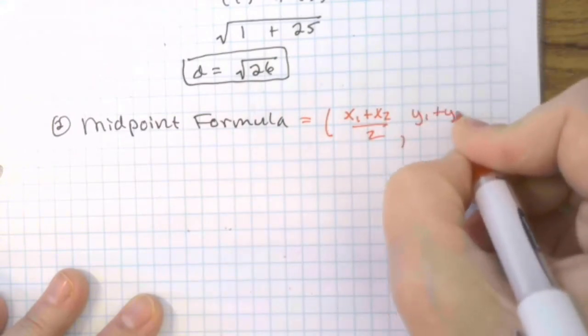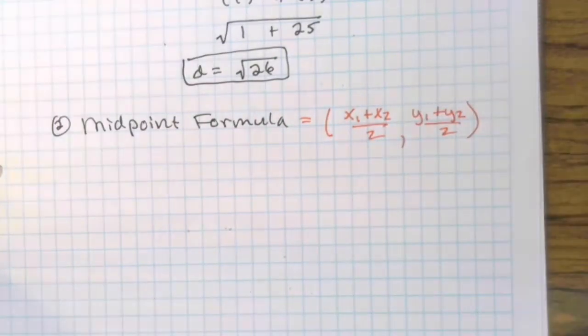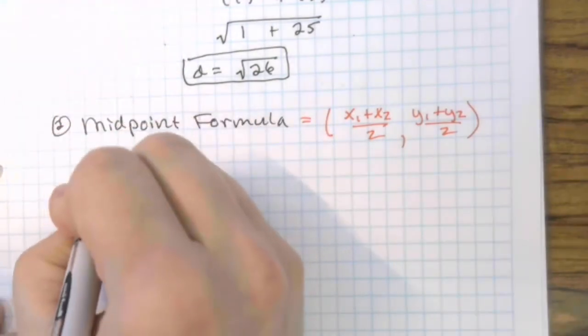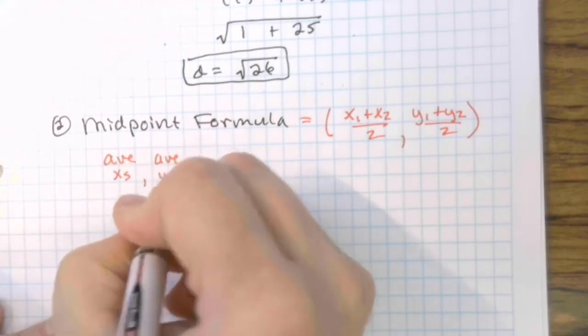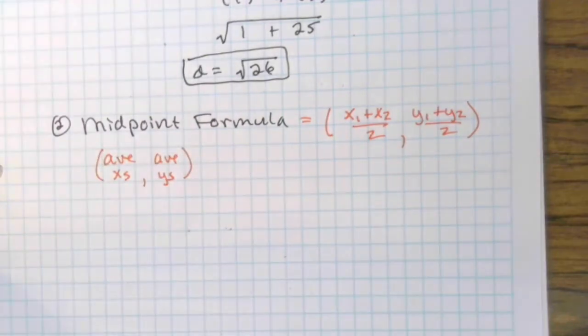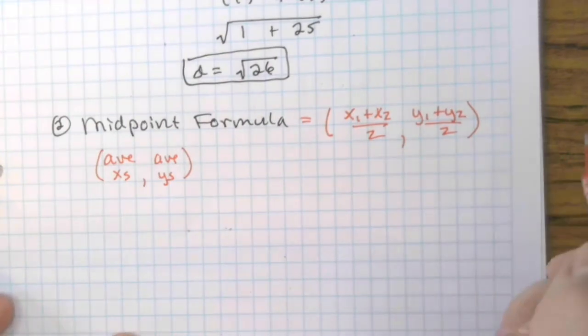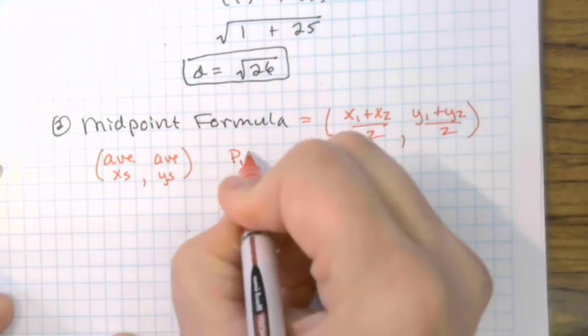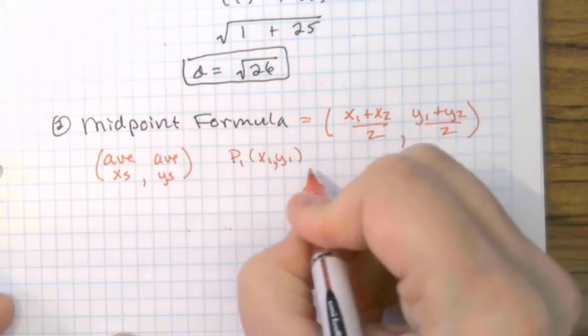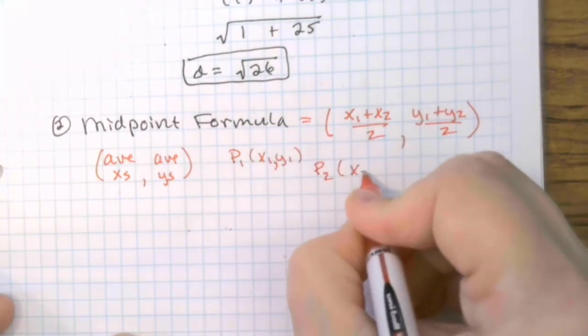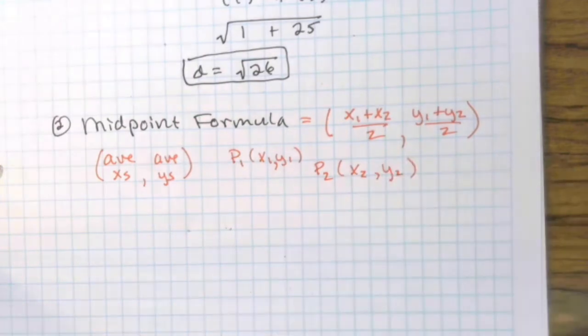Y sub 1 plus y sub 2 divided by 2. Now, I don't actually think of it that way. I think of it as the average of the x's and the average of the y's gives you the midpoint. Again, x1, y1, they're just delineations for points. So x1, y1 is your point 1. Point 2 is x sub 2, y sub 2.